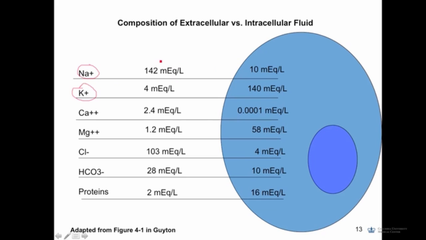So sodium's greater outside by a magnitude of 142 versus 10 milliequivalents per liter, and potassium has a greater concentration inside at a magnitude of 140 versus 4 milliequivalents per liter.